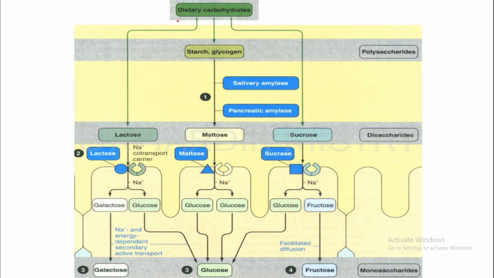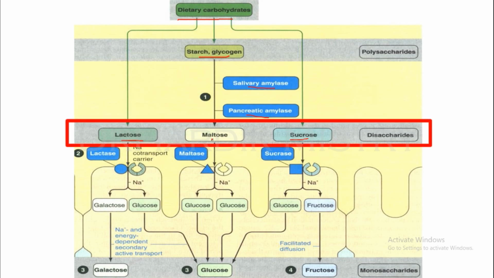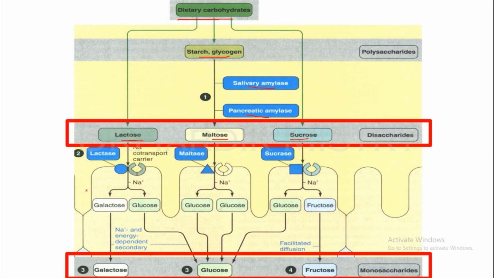So here is the complete picture of dietary carbohydrate digestion. There are three different sources of dietary carbohydrate: lactose, starch and glycogen, and sucrose. Starch and glycogen are converted to maltose via salivary amylase and pancreatic amylase. So we have three disaccharides: lactose, maltose and sucrose. Now how are these disaccharides converted to monosaccharides?